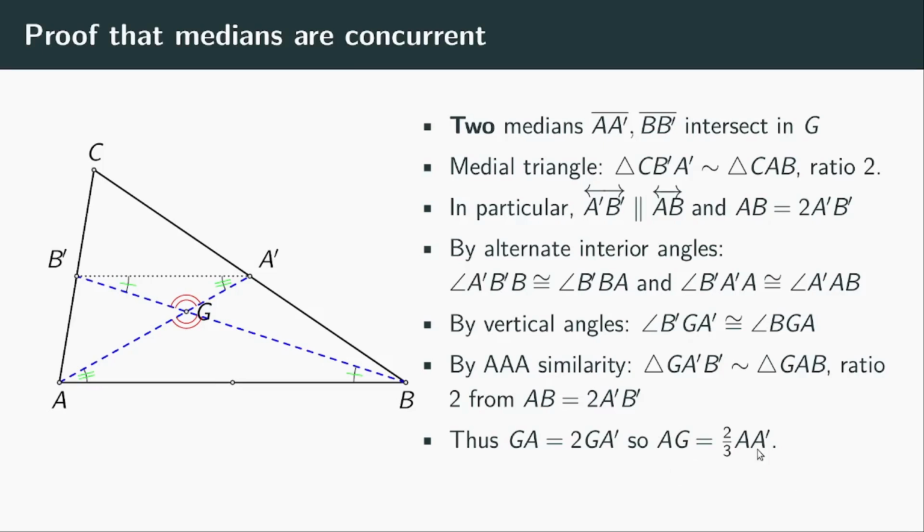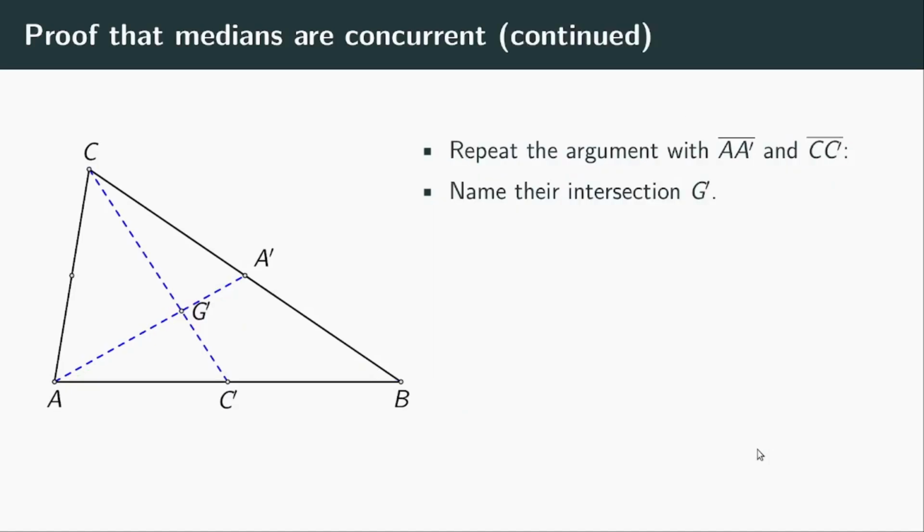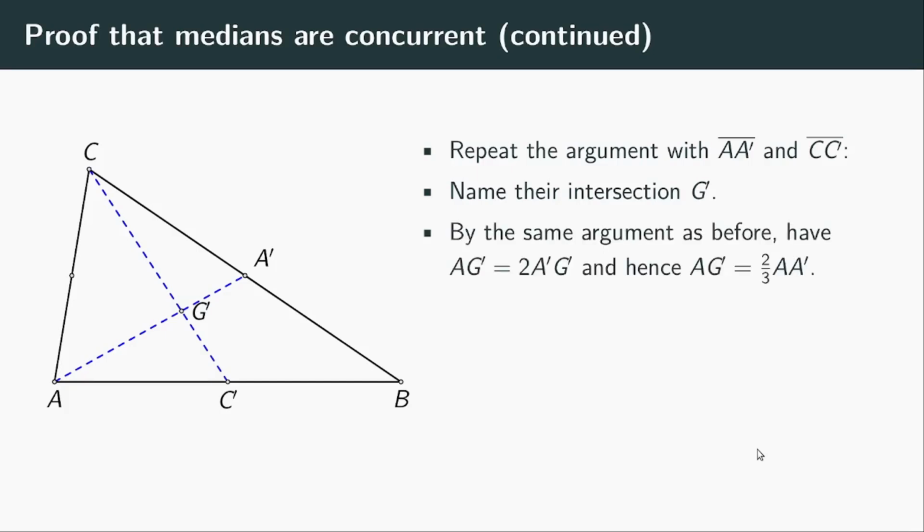Okay, so now let's see what we can figure out coming from a different pair of medians. So now I'm going to take, for instance, the medians AA' and CC'. Their point of intersection I'm going to call G'. And our goal here is to show that G' and G are the same thing. Okay, the same argument as before, right?